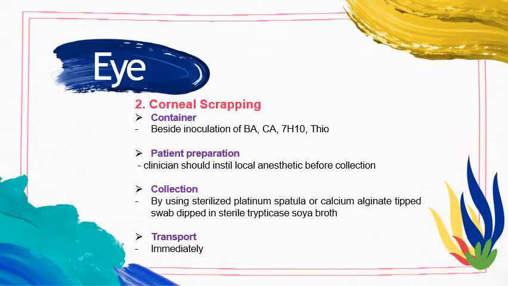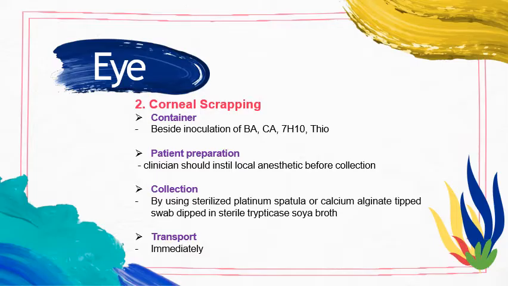Now, your chocolate agar is also an enriched medium with lysed RBC. It also supports the growth of your fastidious organisms like your Neisseria gonorrhoeae and your Haemophilus. Now, your 7H10 agar is a specialized medium to detect your Mycobacterium species.